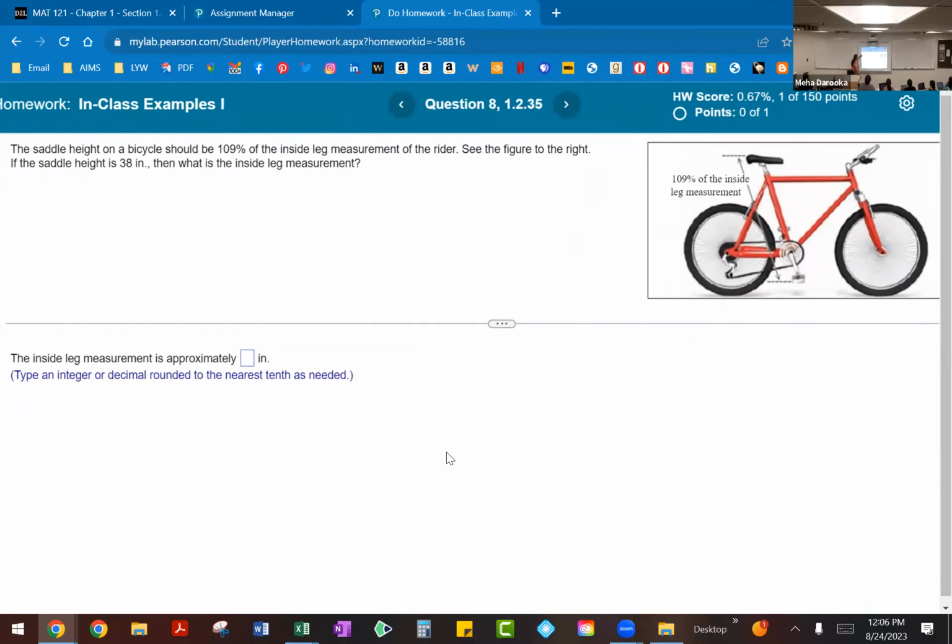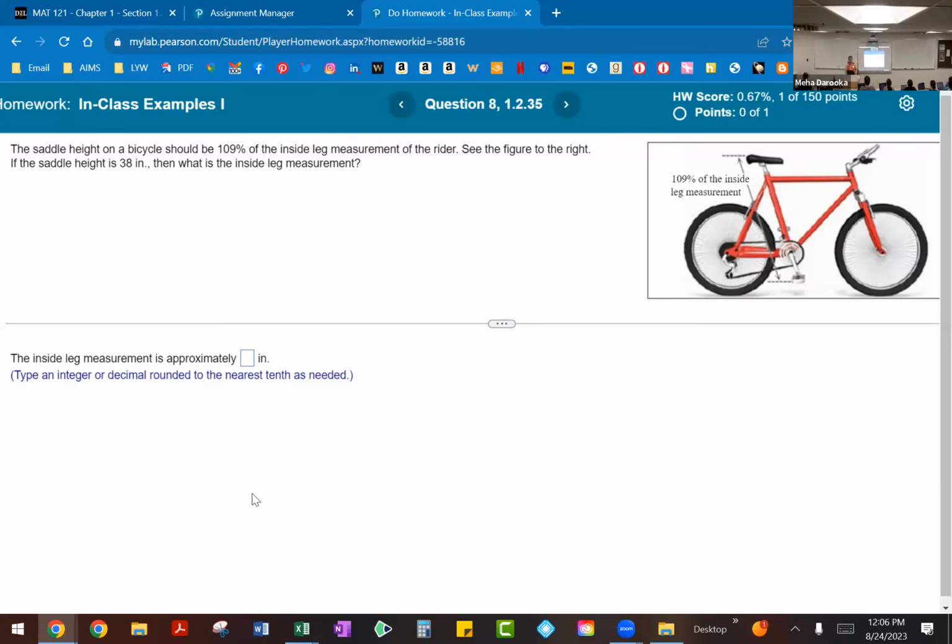As you can see, we're talking about the saddle height on the bicycle should be 109% of the inside leg measurement of the rider. You can see we're talking about when that pedal is at the bottom level and you get to the seat, so that is the saddle height that we're talking about. If your saddle height is 38 inches, then what is the inside leg measurement?